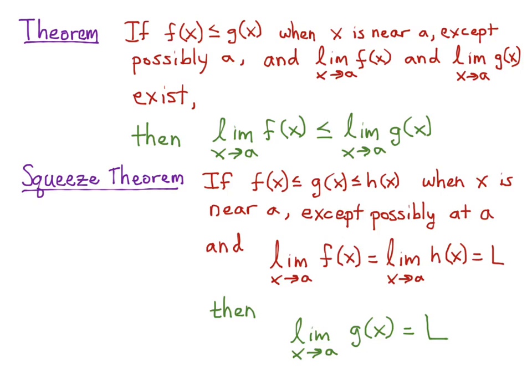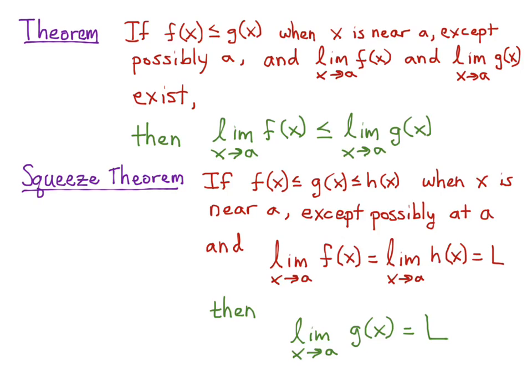Let's say I have h of x. No, h of x is the biggest one. Let's say this is f of x, and I have h of x here. Now, I have a g of x, and let's say it goes crazy, but it's always in between those two.